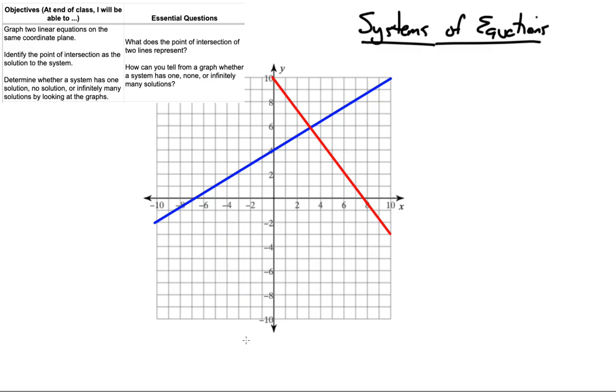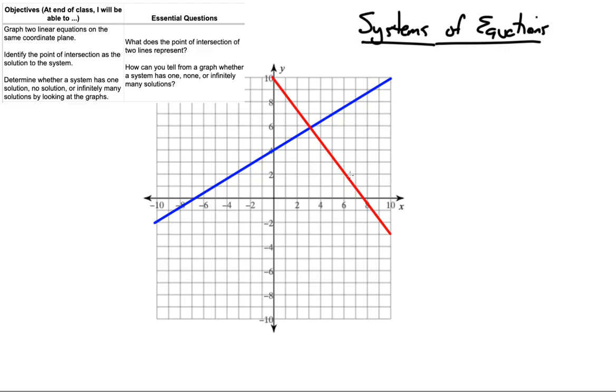Okay, so each of these lines represents an infinite number of solutions, right? This red line has whatever this point is right here. What is this? This is 10, negative 3. So 10, negative 3 would work if I put it into the equation. That's one possibility. But each of these points on this line represent a different possibility.